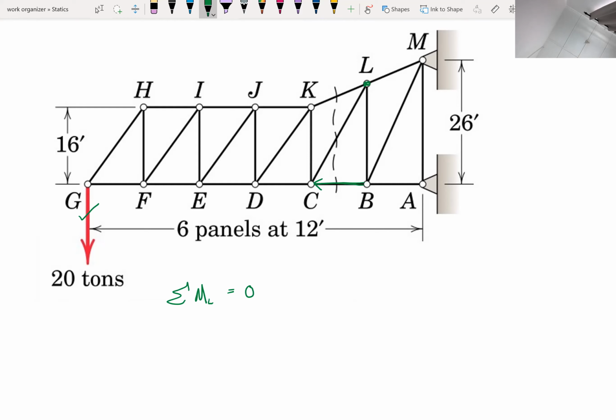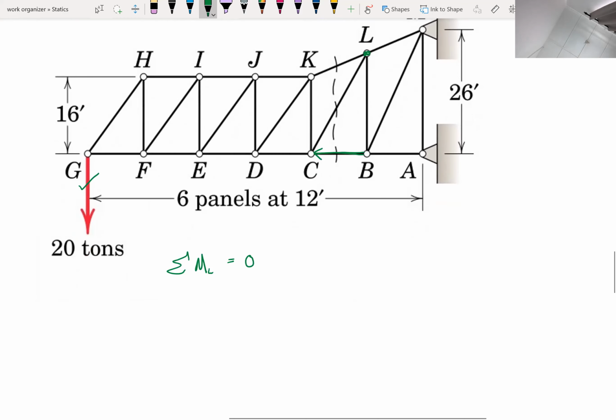So what we have to do is, remember, moment is force multiplied by distance, with a 90 degree angle. First we take this one, we have 20. 20 times, in this direction, going to L.